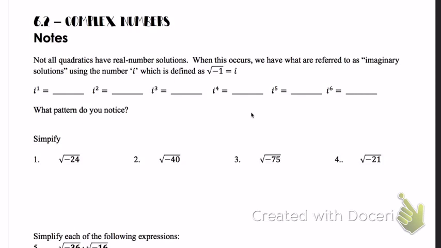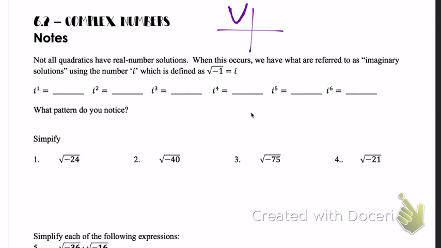It just simply means that it is imaginary, and we'll go into this later on when we start talking about what that means on a graph, but imaginary numbers just mean that they are not real. And if you had a quadratic function like this and it never touched the x-axis, then you would have imaginary roots. There would be two solutions that are imaginary, meaning they don't cross the x-axis.